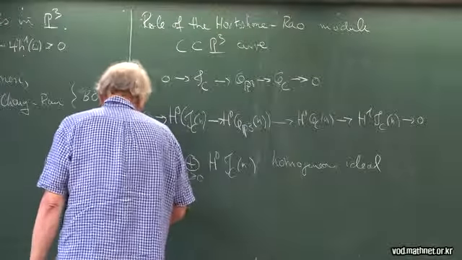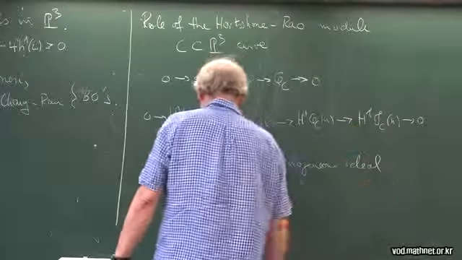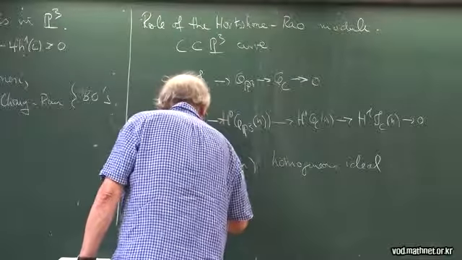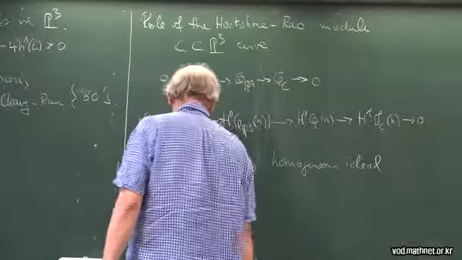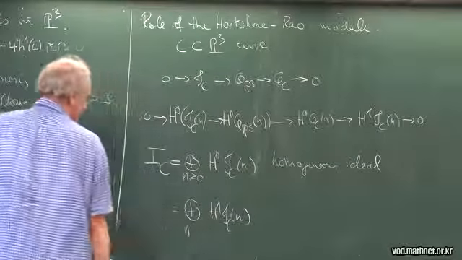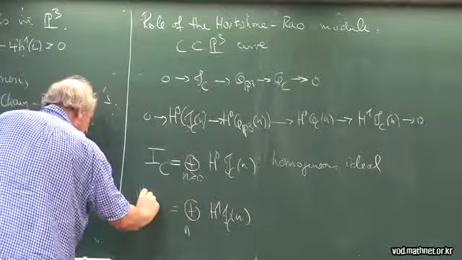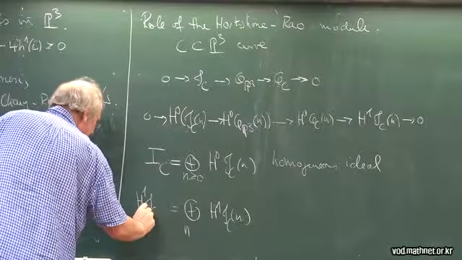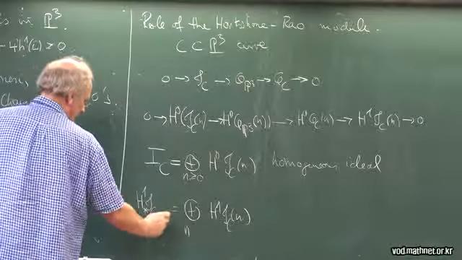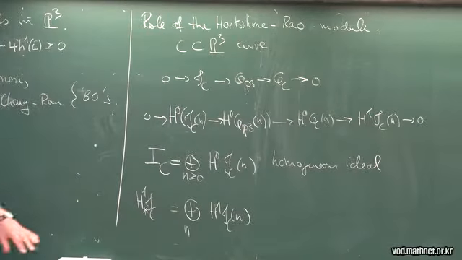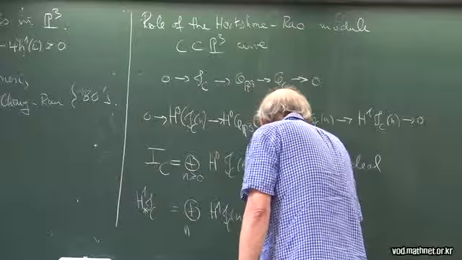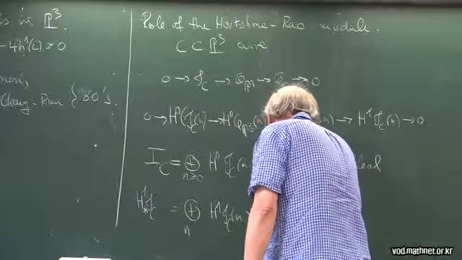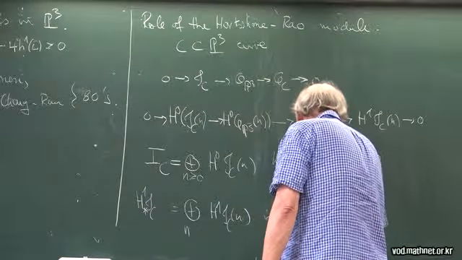And the direct sum of the H1 cohomology, which is commonly denoted by H1 lower star of I_C, is called the Hartshorne-Rao module.